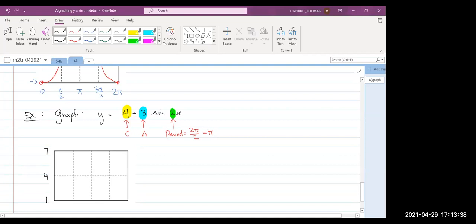Are you with me? So the maximum will be 4 plus 3, that's 7. The minimum will be 4 minus 3, that's 1.